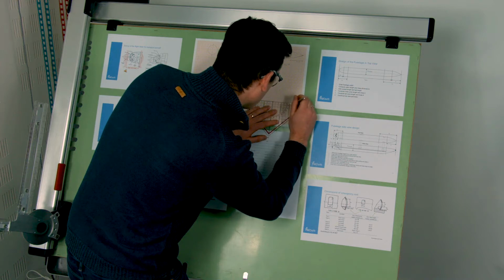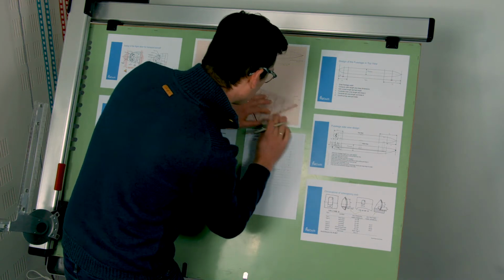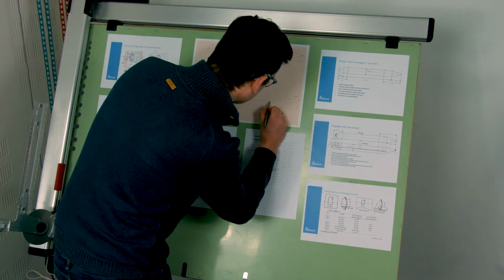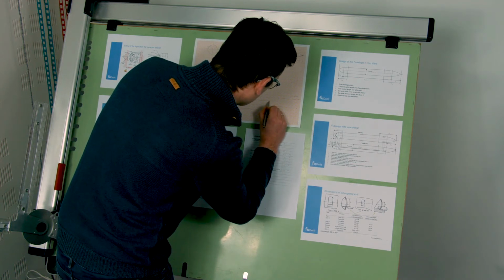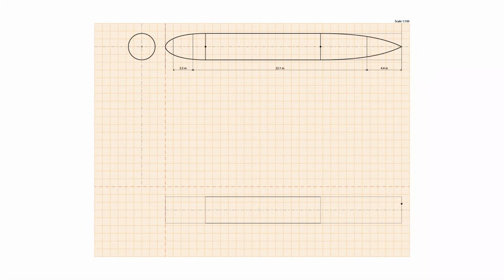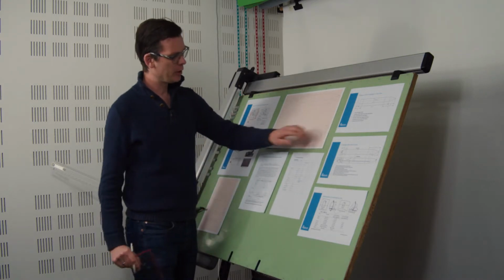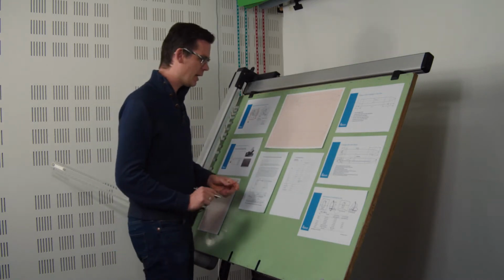Let me do a very thin line just to make sure I stay under there. And I need to go from this point all the way to that point, approximately. Okay, so a fuselage with a little bit of upsweep on the rear side.